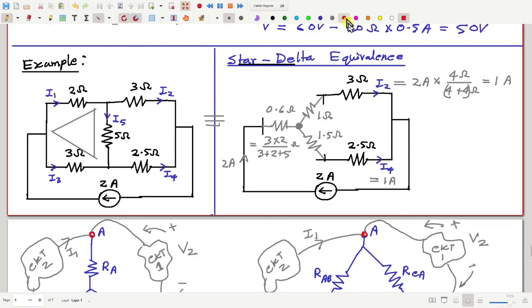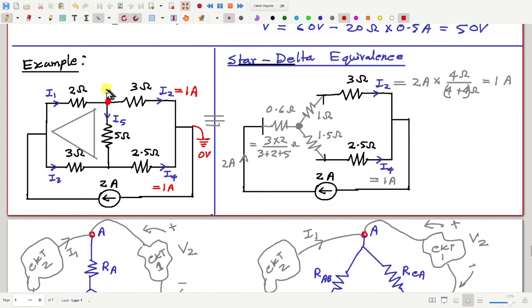We can do some kind of back calculation. I2 we already know is 1 ampere. I4 is 1 ampere. Now if I choose this as the reference node, 0 volt, then what should be the potential here?